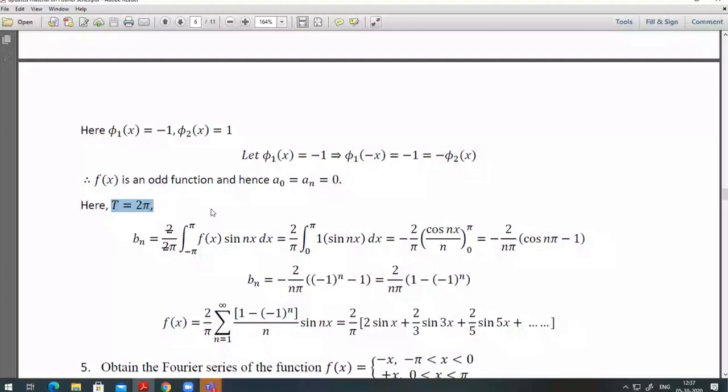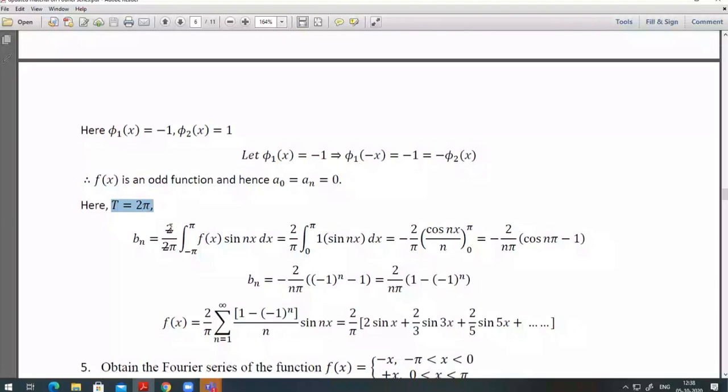Since the given function is odd, we take 2 times the area, so bn is 2 by pi, integration from 0 to pi of sin nx dx. The integration of sin is minus cos nx by n, with limits from 0 to pi.